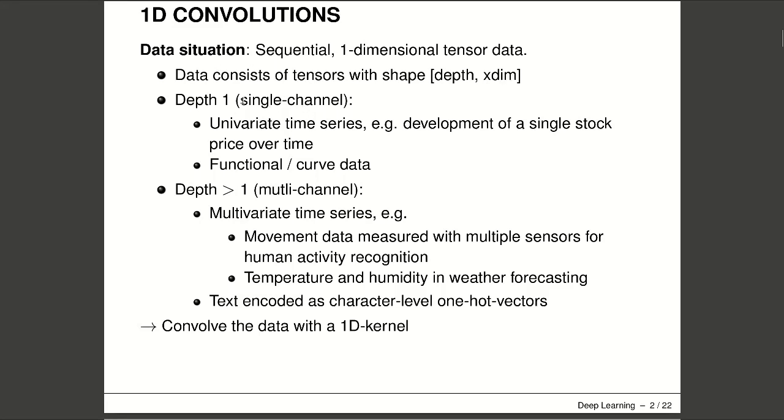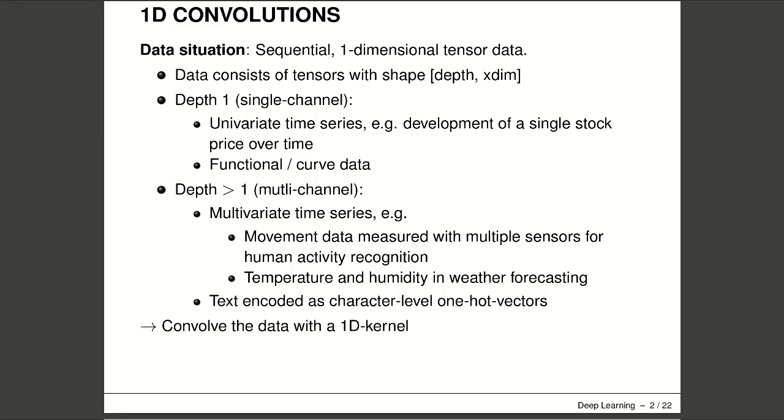We have a single channel input when we have a univariate time series, such as the development of a single stock price over time, or we have a multi-channel input when we have multivariate time series data. For example, movement data measured with multiple sensors for human activity recognition, or weather forecasting with the two elements of temperature and humidity.